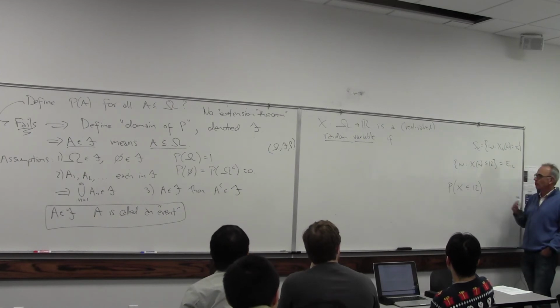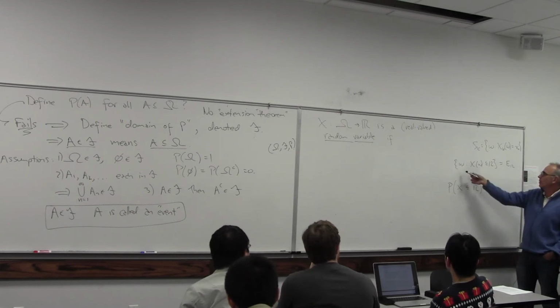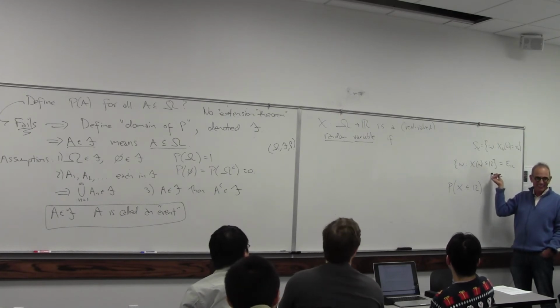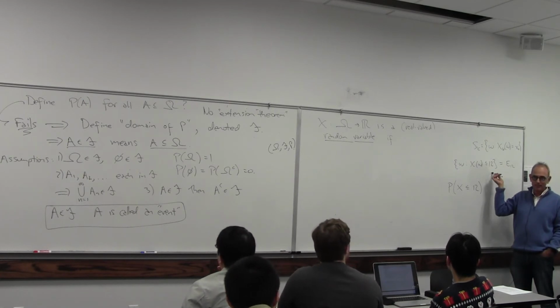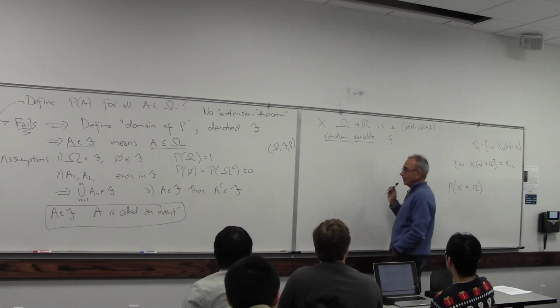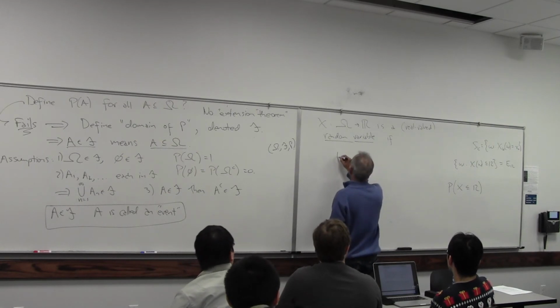So when you're asking what's the probability X is small, you're asking what's the probability of this set. And that set had better be in the domain of P. Okay? So it's a random variable if that set is in F for not just 12 but anything. And sure, let's do that.